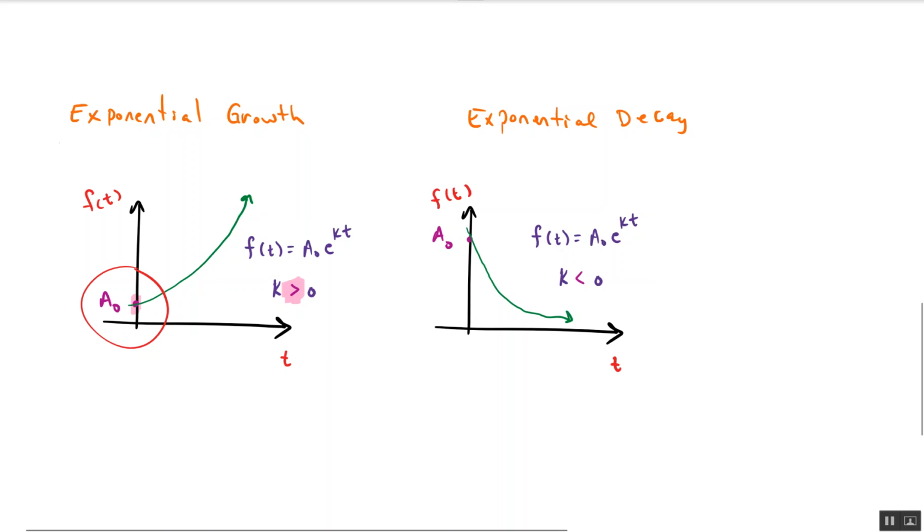That would be 20, right? Here you'd have 20 bacteria starting. And then as time progressed forward, whether that's days, months, however you are counting your time, say we're doing it in days, then as time moved forward, your population would grow. So as you go to the right, you're going up on the graph.